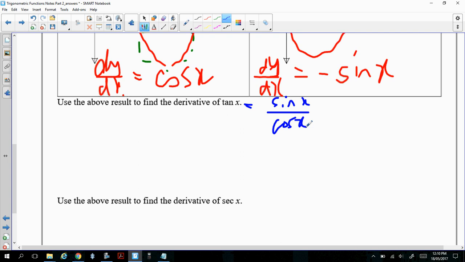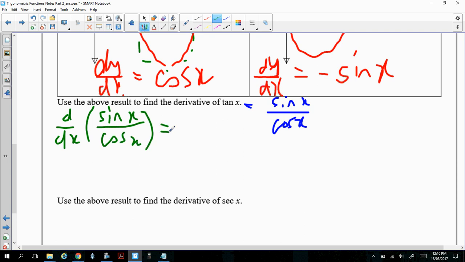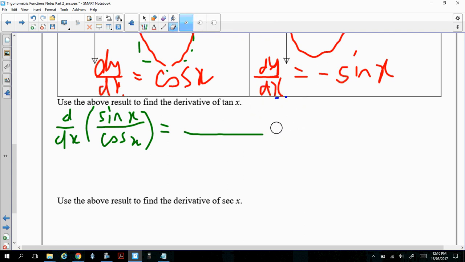So I'm going to differentiate d over dx of sine over cos, using the quotient rule. The quotient rule says that it's u dash v minus u v dash, over v squared. So we write down the derivative.